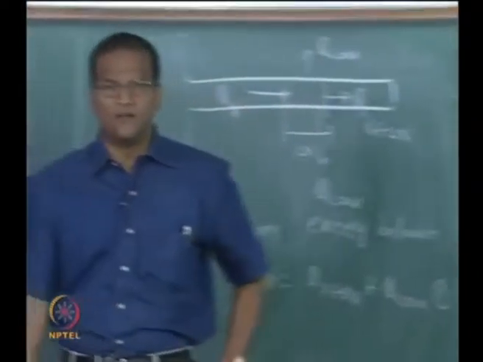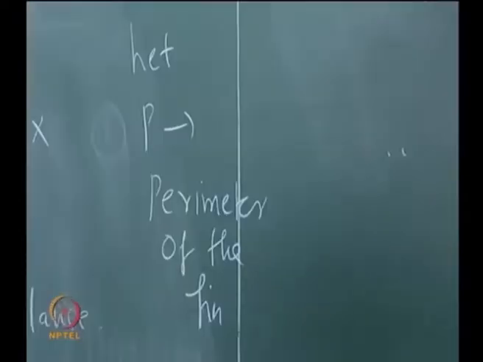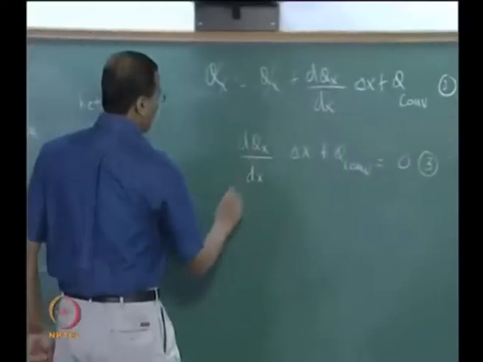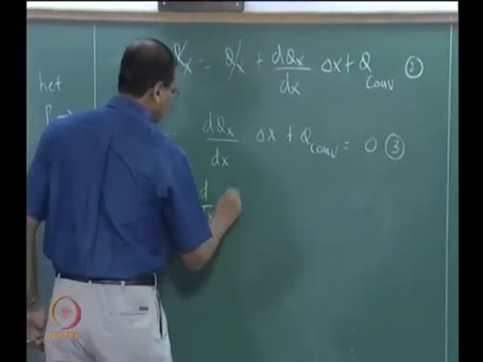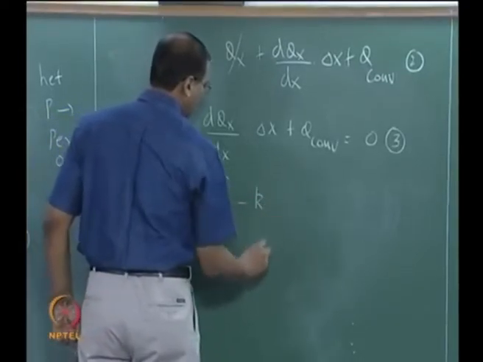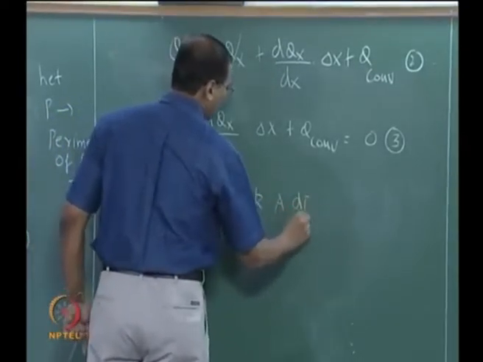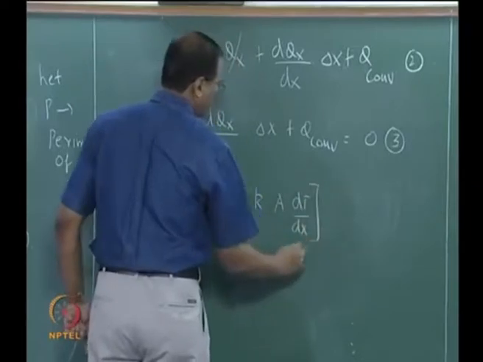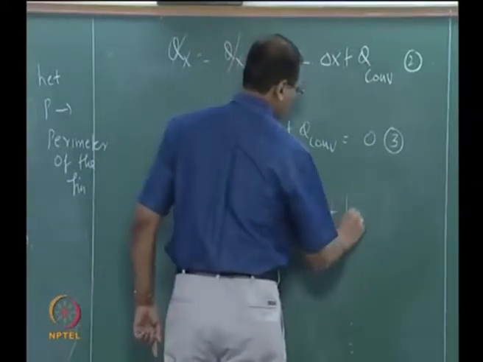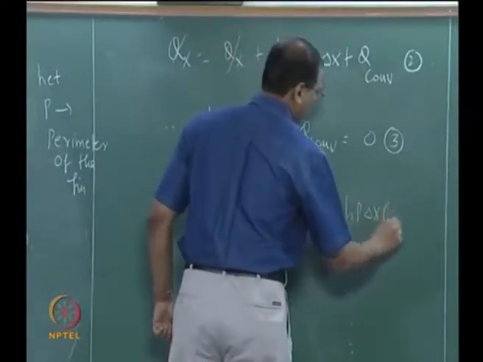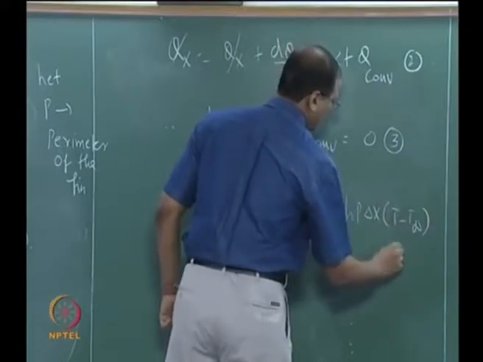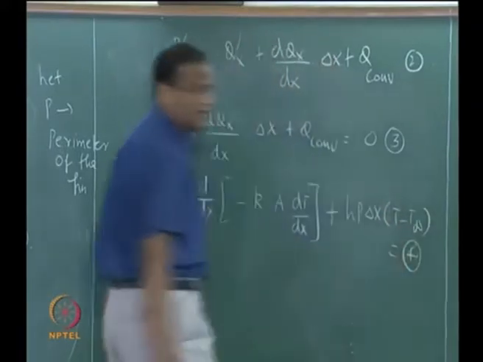Let P be the perimeter of the fin. Now dqx is, that correct?